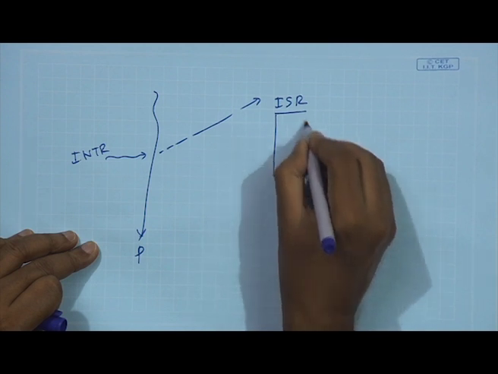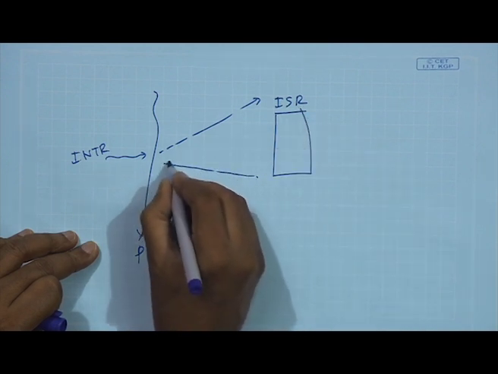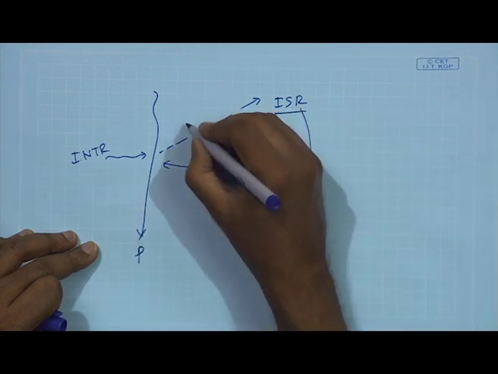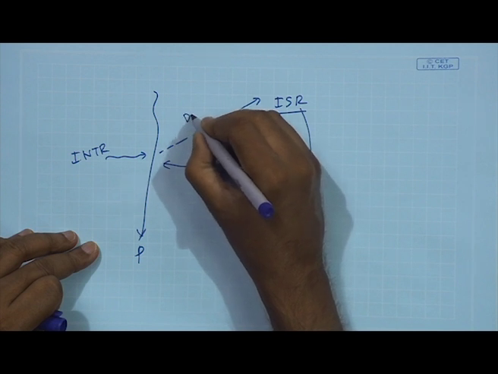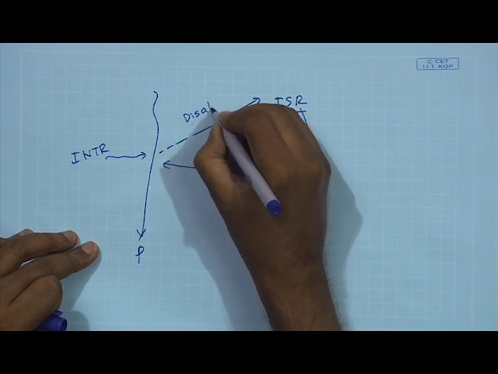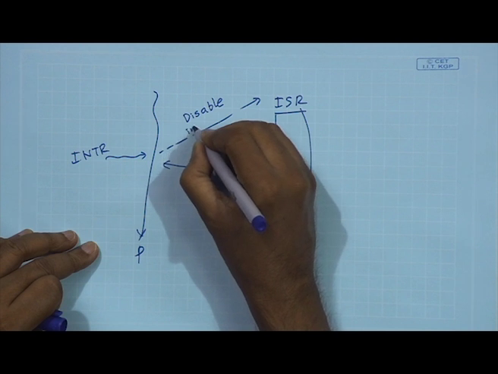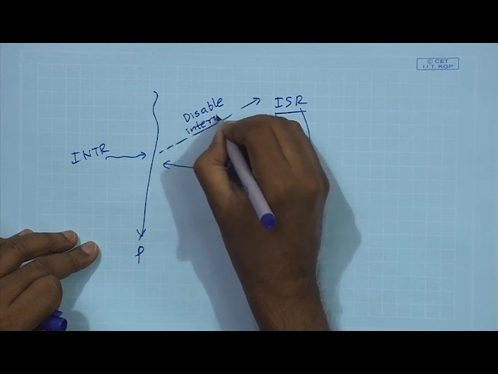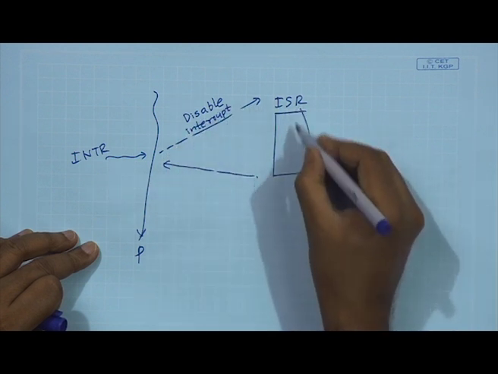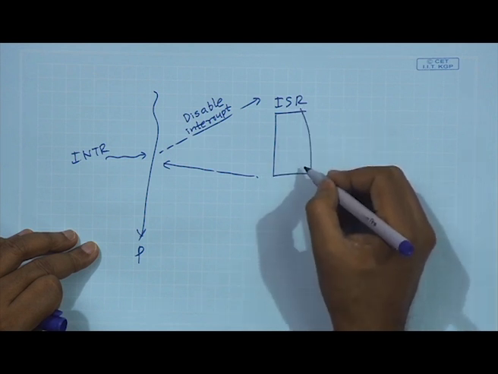let us say this is your ISR. Before you are jumping to the ISR, the hardware is automatically disabling the interrupt, so that execution of the ISR will not be interrupted.